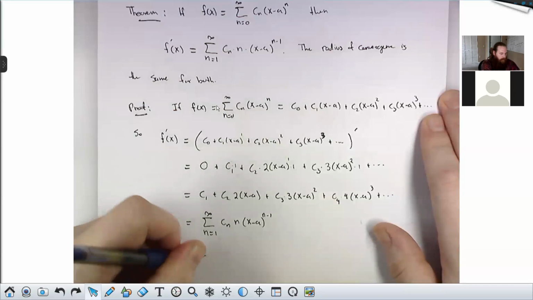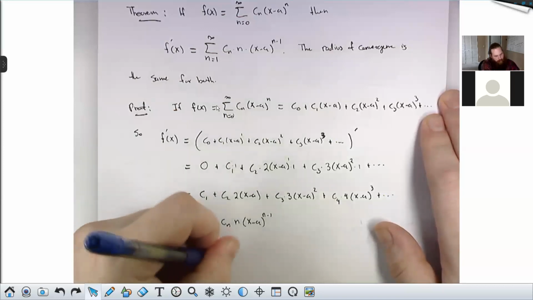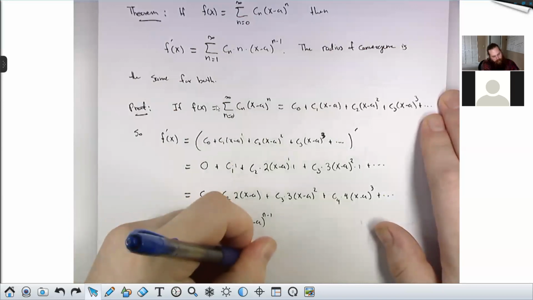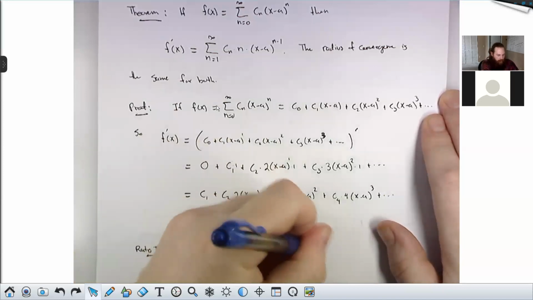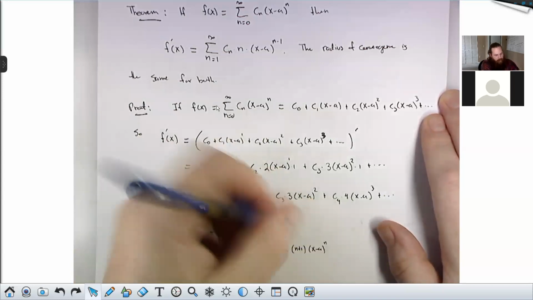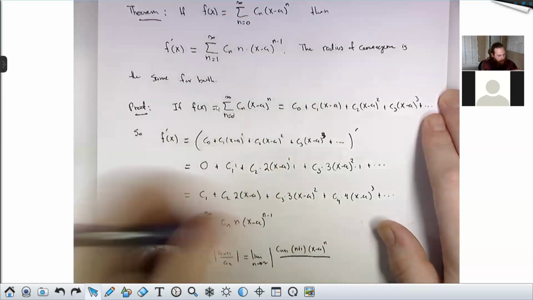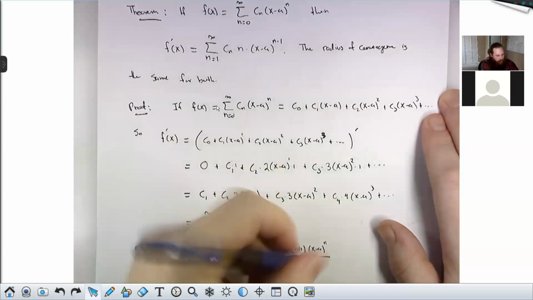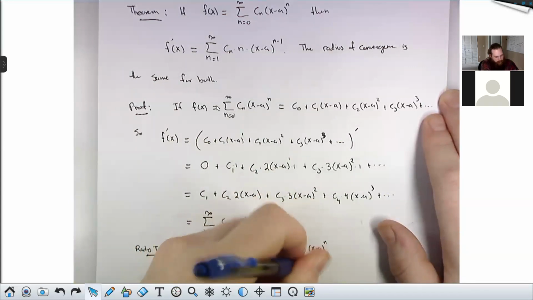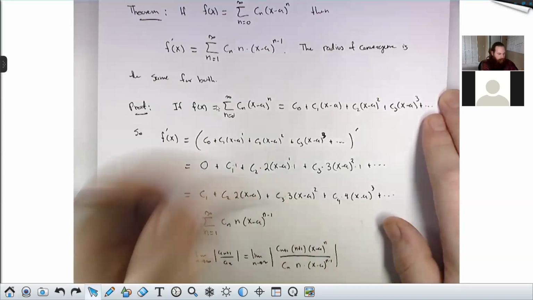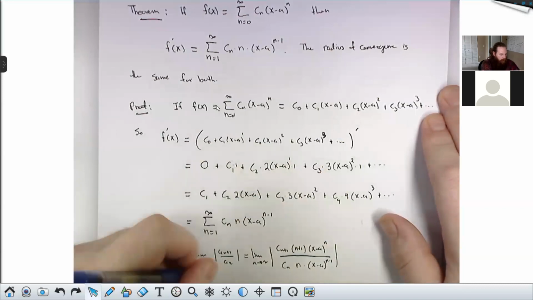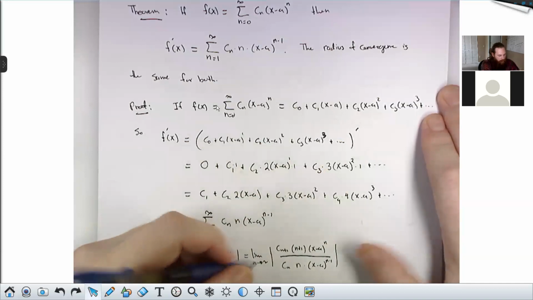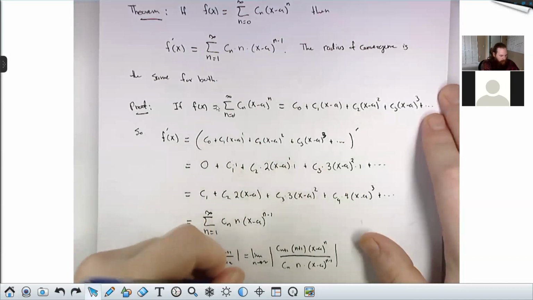L is the limit as n goes to infinity of abs a_(n+1) over a_n, which is the limit as n goes to infinity of abs C_(n+1) times (n+1) times (x minus a) to the (n+1 minus 1), which is n, over C_n times n times (x minus a) to the n minus 1, which is equal to the limit as n goes to infinity of abs C_(n+1) over C_n times (n+1) over n times (x minus a) to the n over (x minus a) to the n minus 1, which is just x minus a.